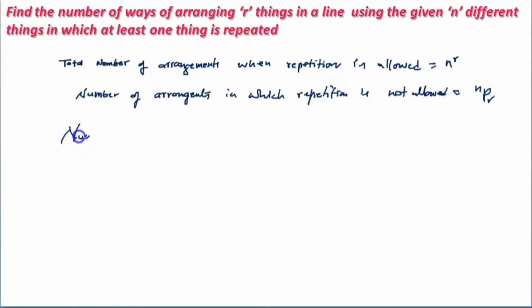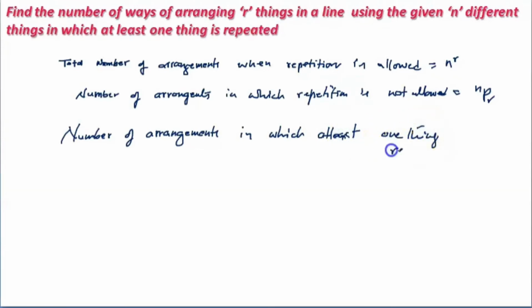The number of arrangements in which at least one thing is repeated is equal to total minus non-repeated. So n power r minus nPr. So that's the way we have to represent this problem.